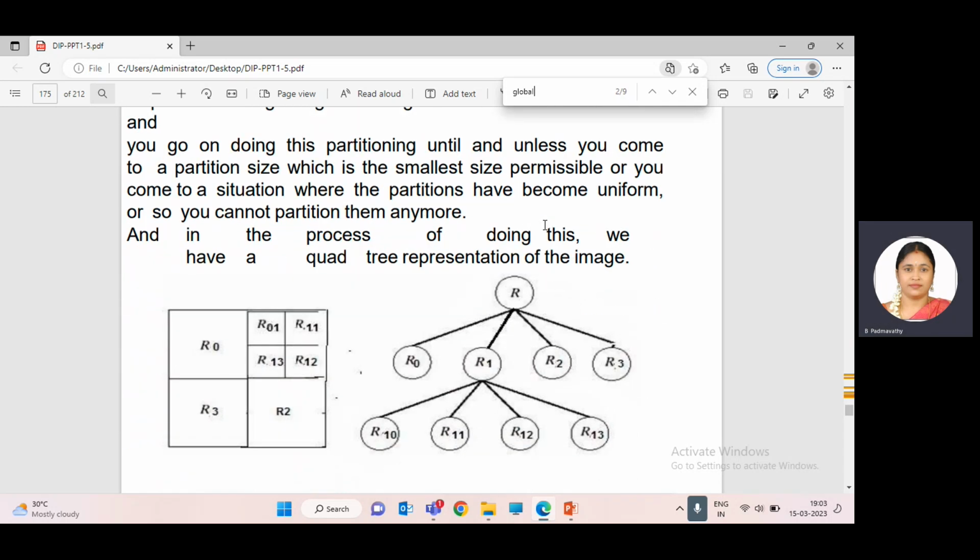As we have seen in region splitting, in this figure you can see R is divided into R0, R1, R2, R3. And here I want to divide R1 again, so that R1 is divided into R10, R11, R12 and R13.